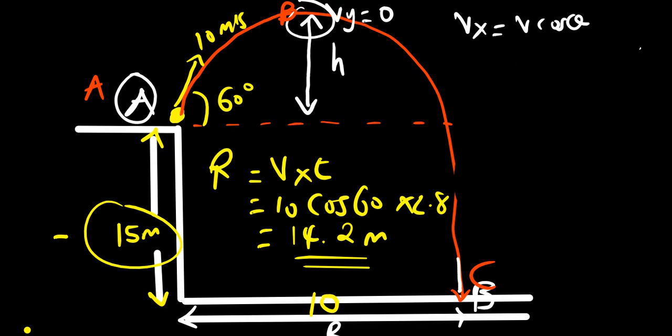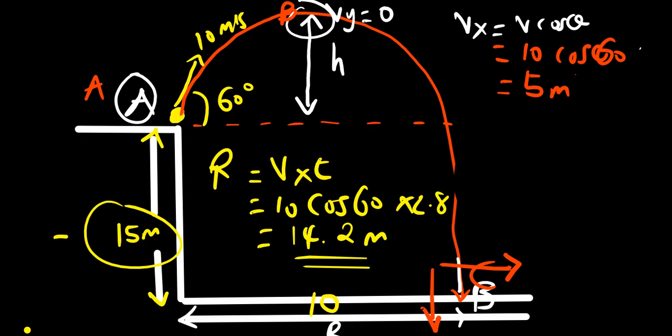It is going in this direction, so you need the y component, and because it is also moving linearly, you also need the velocity in the x component. The x component in this case will be 10 cos 60, in this case the theta was 60. So what are we going to have? It will be 5 meters per second.